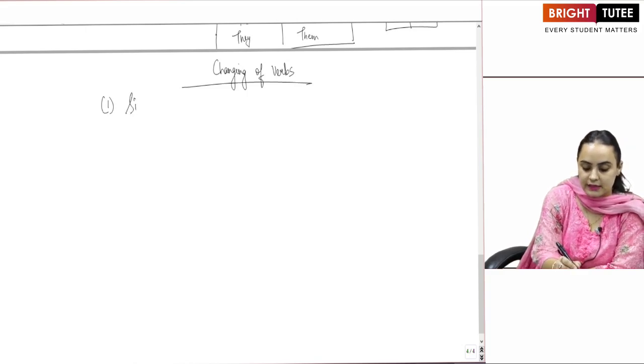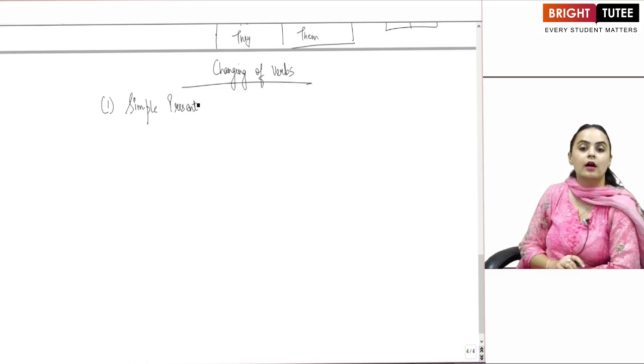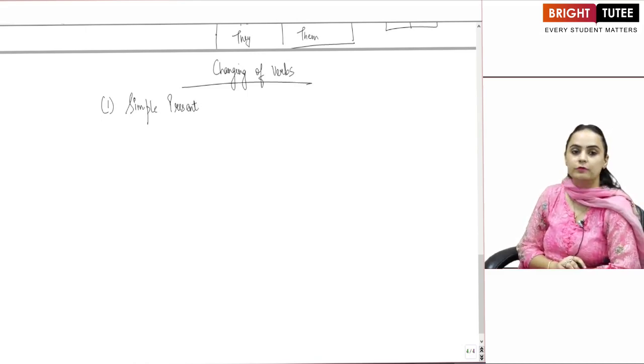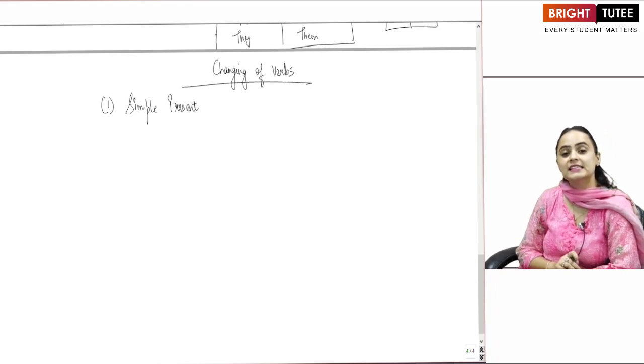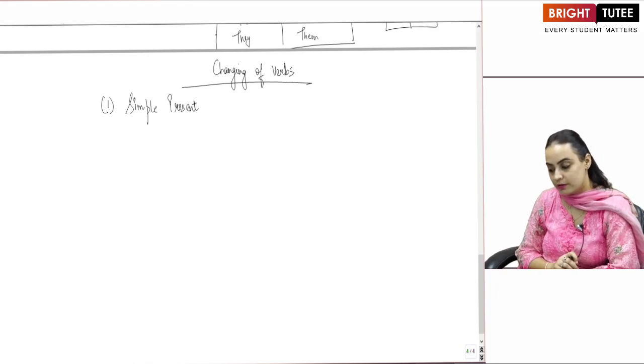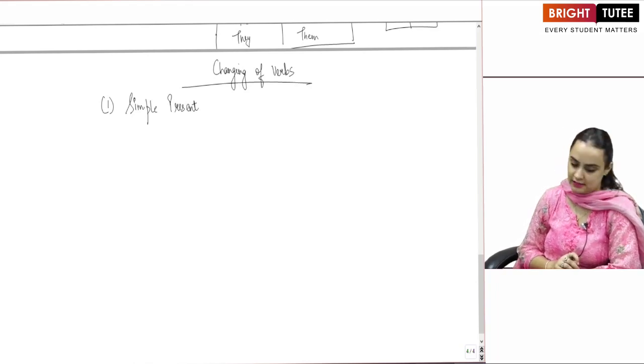If my active voice sentence is in simple present tense, then how are we going to change it? Let's see.